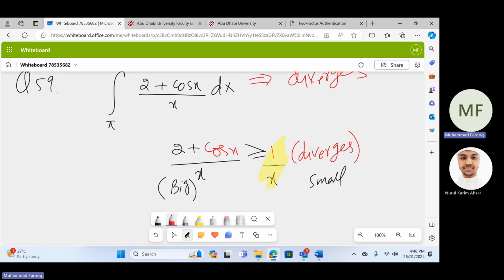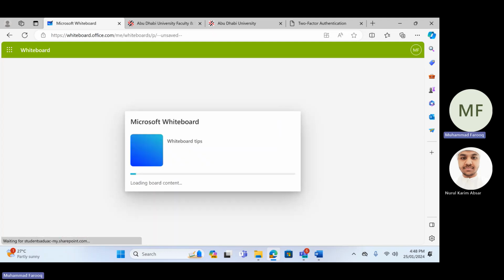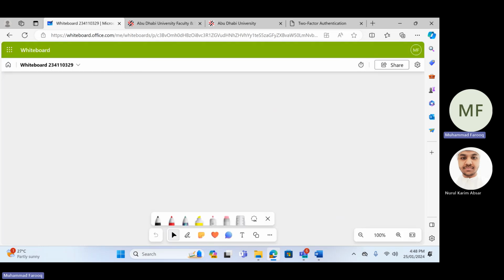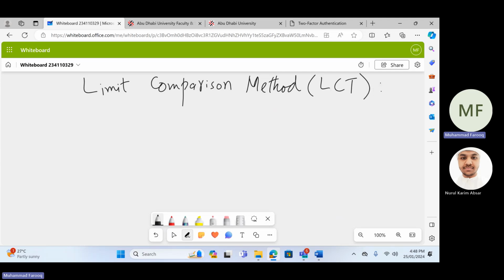So please note down the second method for comparison, called LCT, the limit comparison method. It is a very strong method, and very good because it's very strong.